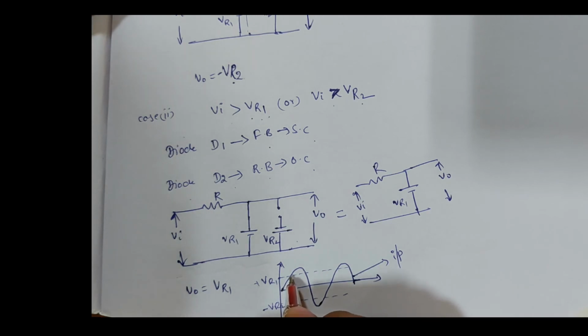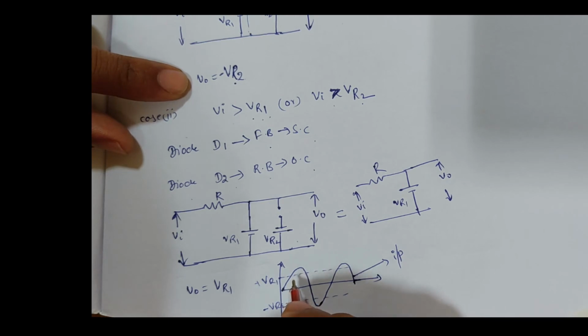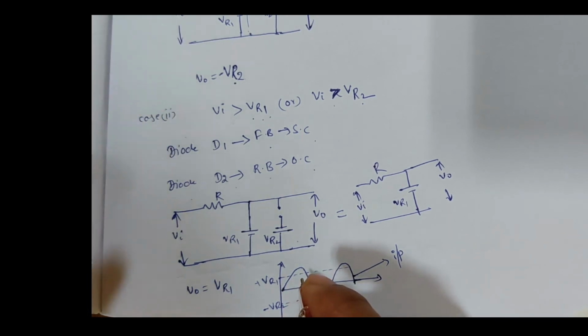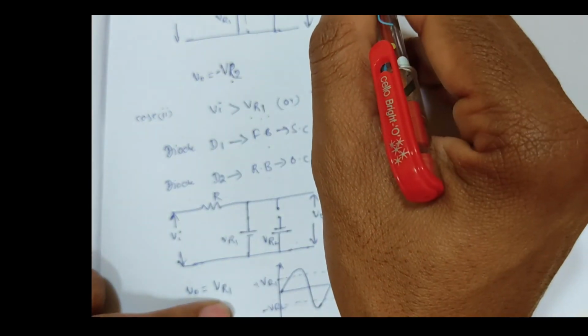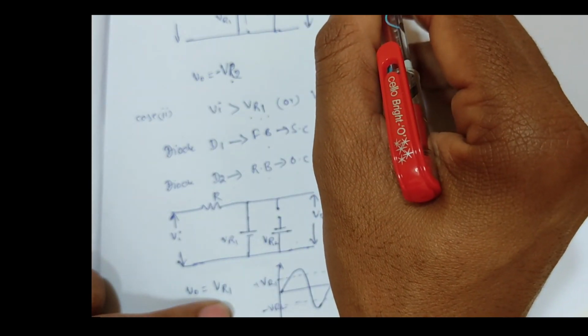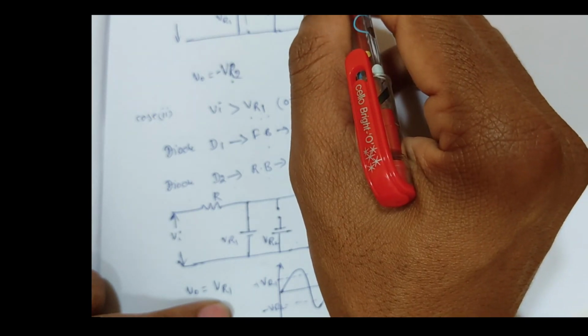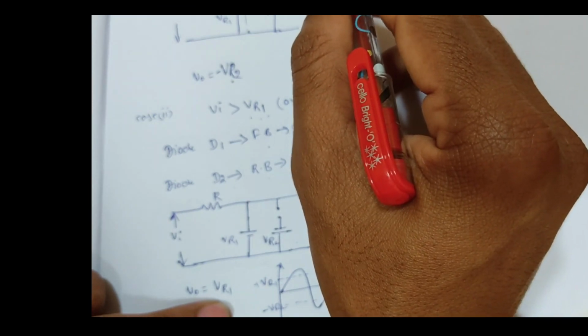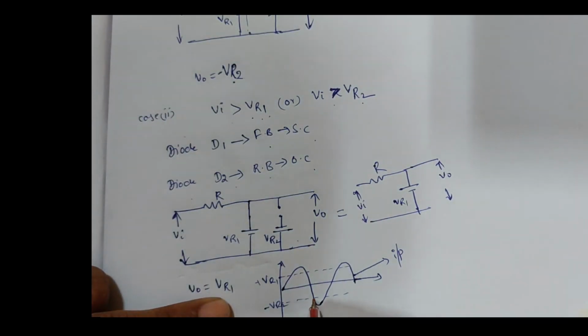V0 equals minus VR2. Otherwise we can say Vi is less than VR2. Below the reference voltage VR2, we can write minus VR2. So it equals minus VR2. Below value is this one.